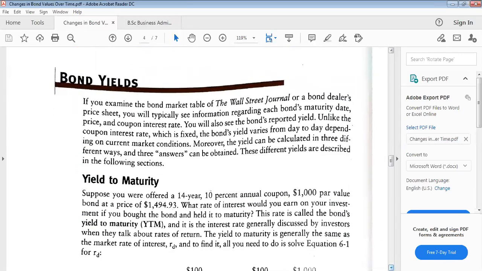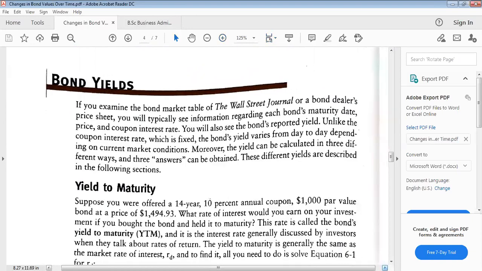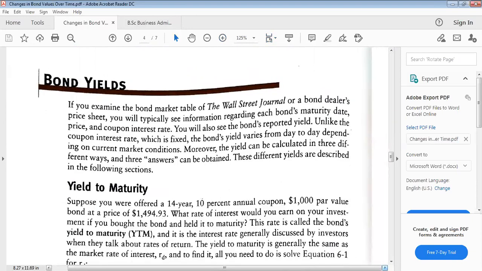Now, if you examine the bond market table of the Wall Street Journal or a bond dealer's price sheet, you will typically see information regarding each bond's maturity date, price, and coupon interest rate. You also see the bond's reported yield.